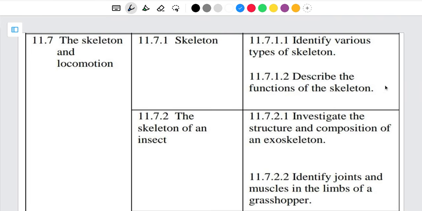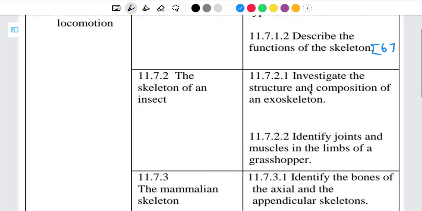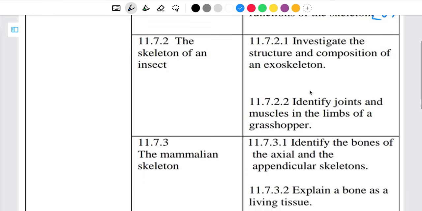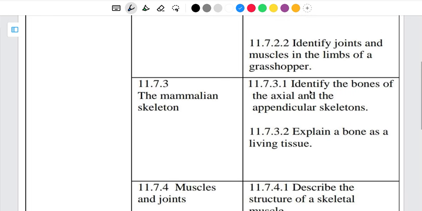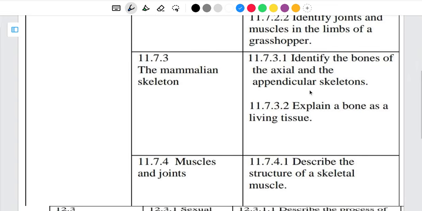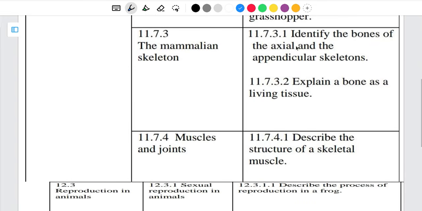If this one comes carrying 6 marks, saying describe the function of the skeleton, just very simple: protection, provide movement, or provide the attachment for the muscles, and other things. Then we have this one, which is saying investigate the structure and composition of the skeleton, identify joints and muscles in the limb, identify the bones of the axial skeleton as well as the appendicular skeleton.